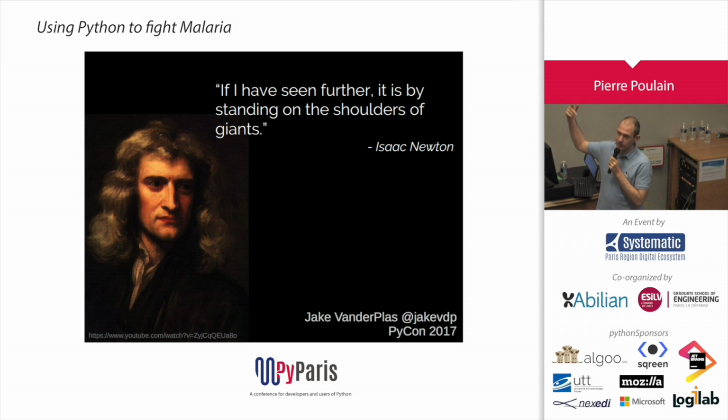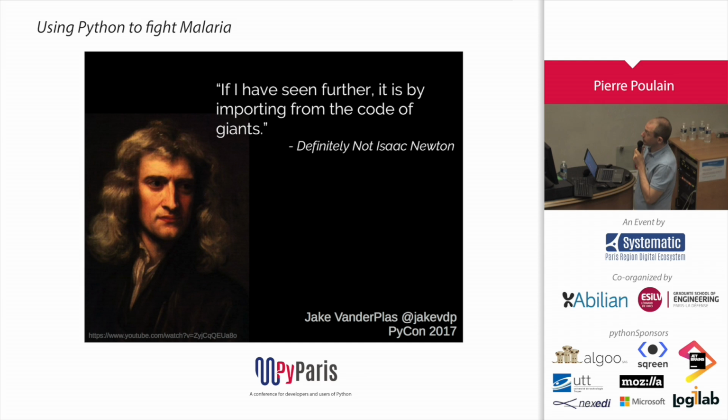This is the usual scientific research we're doing: we are always using previous work done by researchers. This applies as well for Python code. If I've seen further, it's by importing from the code of giants. This is a modern version.